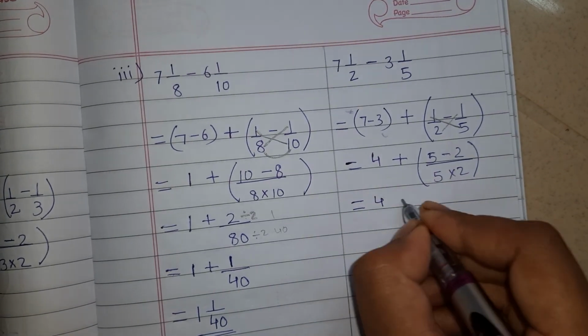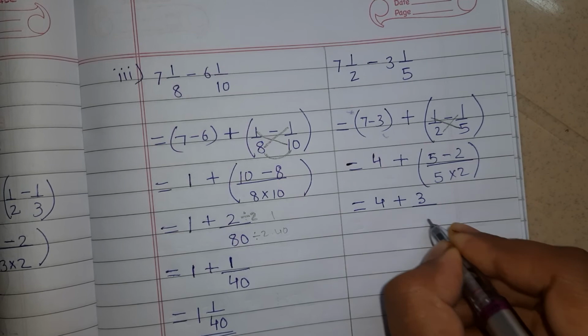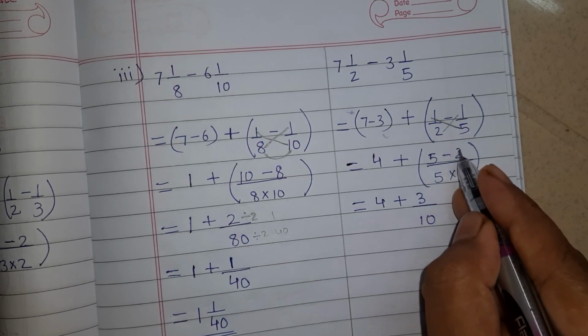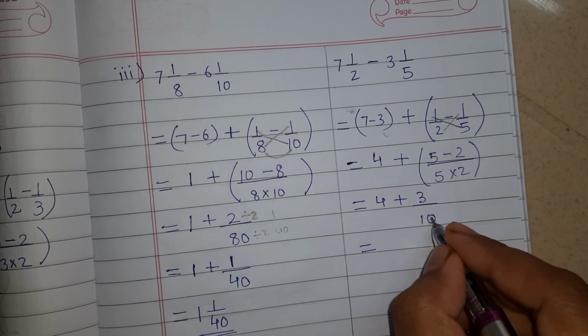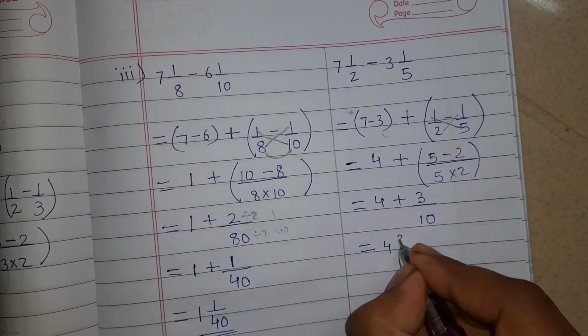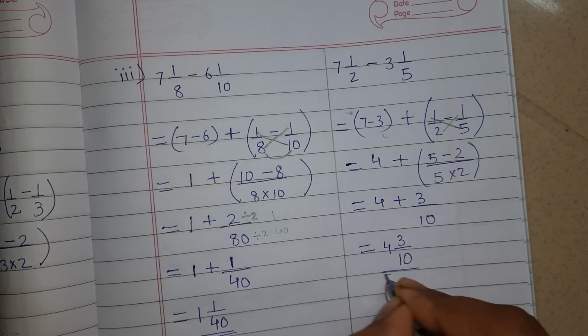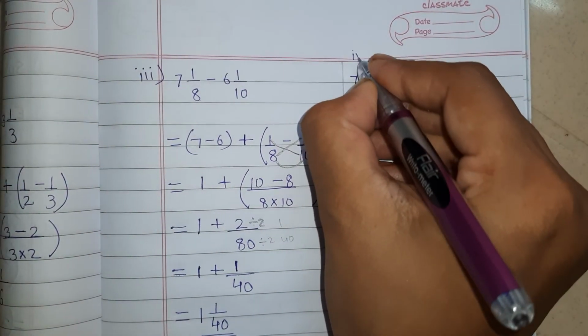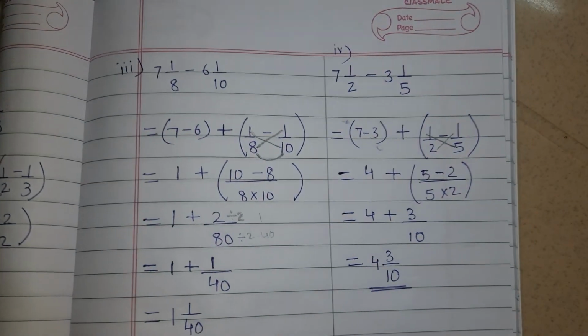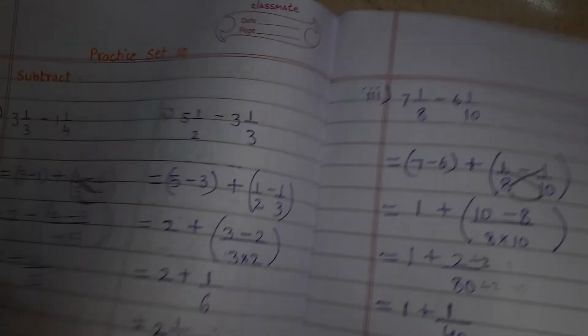Now this 5 minus 2, how much? 3 upon 10. 3, 10. Do 3 and 10 come in the same table? No. So this is our final answer. So these 4 questions you have to solve in your notebook. Question number 2 of practice set 10.